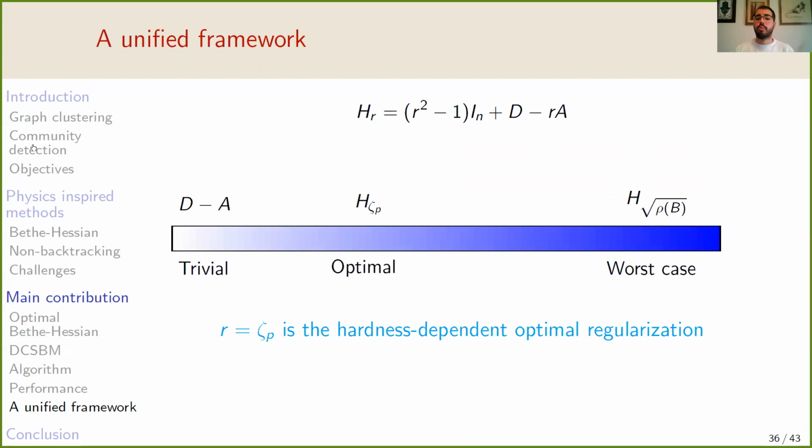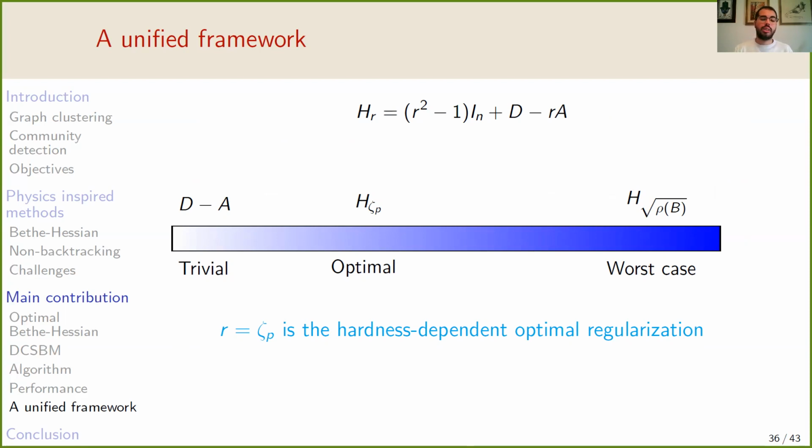Concerning instead the Laplacian matrices, I recall that zeta p is the hardness-dependent regularization. Small values of zeta mean an easy problem, whereas high values of zeta, high temperatures, mean a hard problem. We had two different regimes. One was the dense case, in which we had the matrix D minus A, which corresponds to nothing but the optimal Bethe Hessian matrix in the trivial regime.